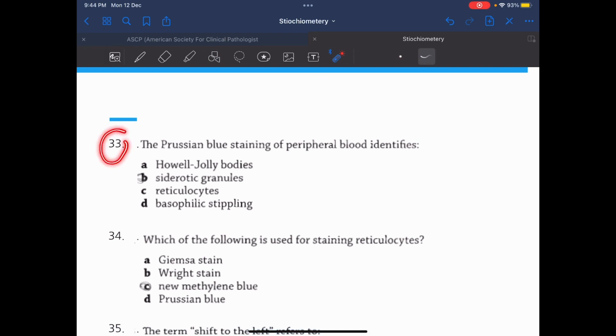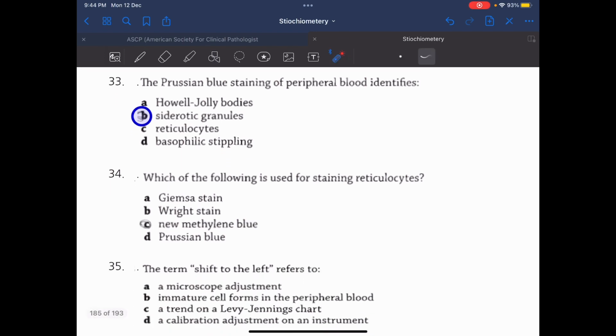Question 33. The Prussian blue staining of peripheral blood identifies Howell-Jolly bodies, siderotic granules, reticulocytes, basophilic stippling. The correct answer is B. Question 34. Which of the following is used for staining reticulocytes? The correct answer is new methylene blue.